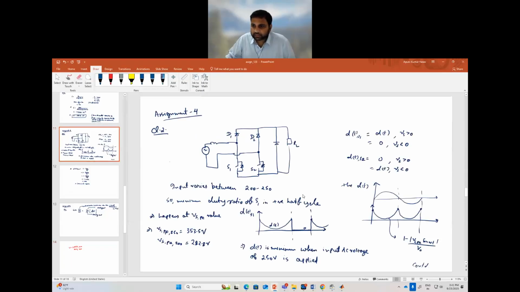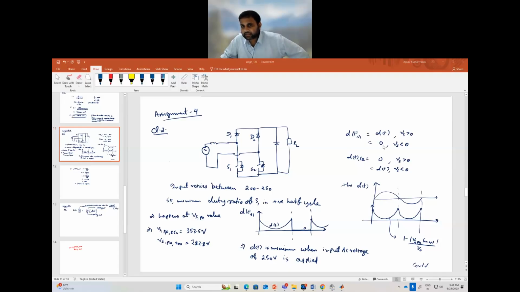In this exercise we will first take our bridgeless PFC, and we know that our input varies from 200 to 250 volt. The duty ratio of S1: in the positive half cycle S1 is turned on and off for the duration d of t of TS period.